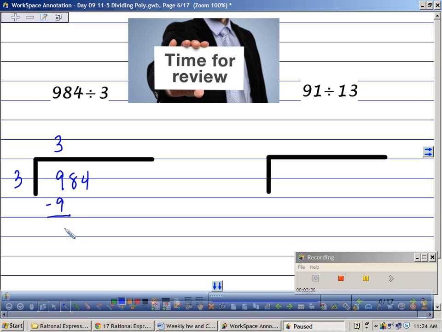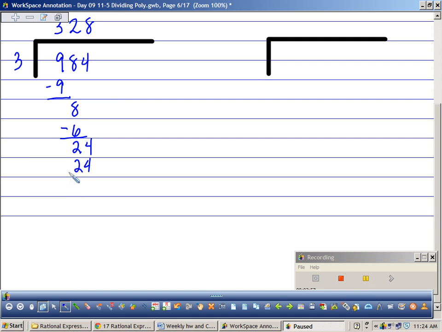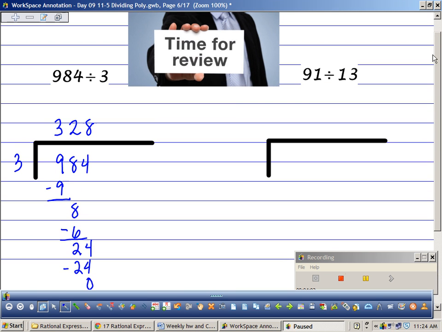Draw the line and change the sign. You get 0. Bring down the 8. How many times does 3 go into 8? 2. 2 times 3 is 6. Draw the line and change the sign. Bring down the 4. 8. But there's no remainder. Okay, easy, right?